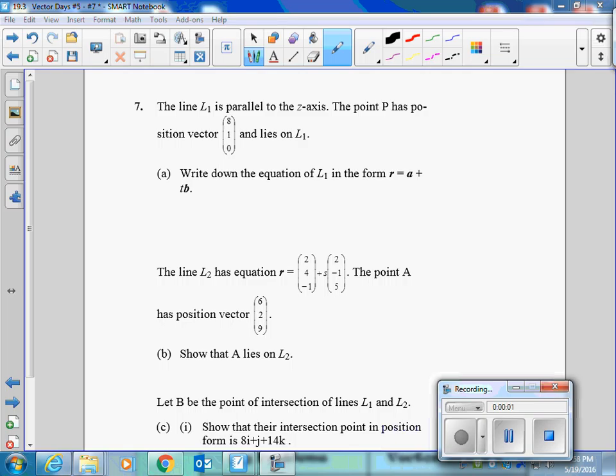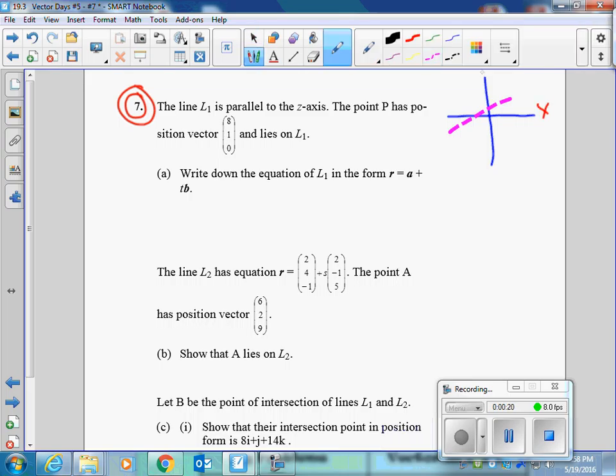Number 7 is kind of the same type of problem. You have to kind of sort through things. The only thing that's going to be a little irritating is that if you look at the X, Y, Z axis, here's my X, here's my Y, here's my Z, okay?